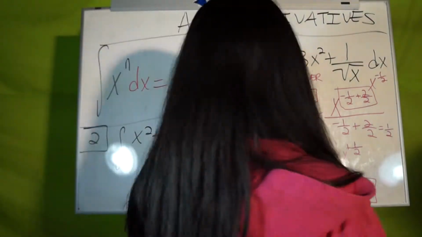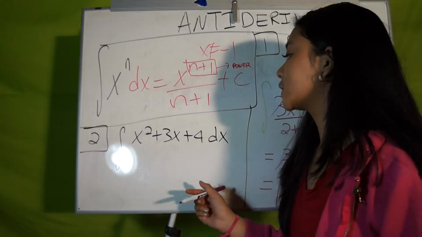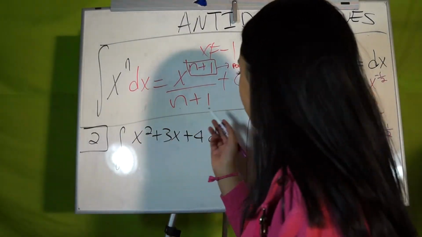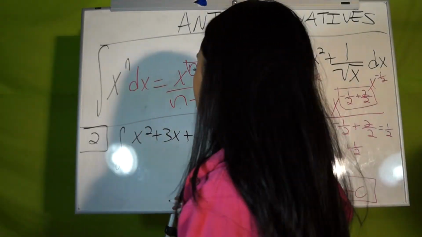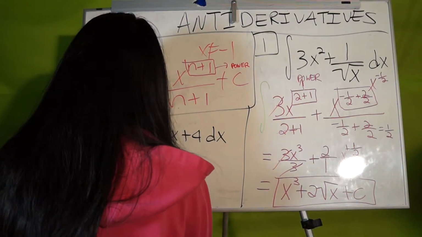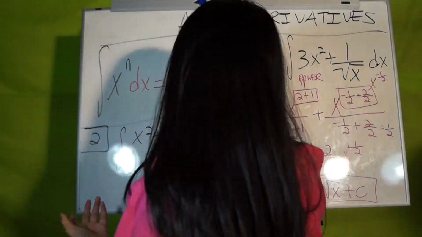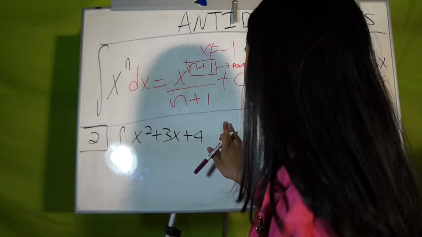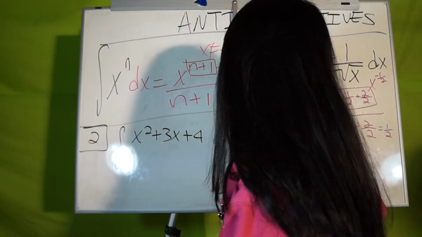And now we're going to do another one, which is simple, it's a polynomial. So we're going to have the integral of x, I'm just going to start off from here, because I am not going to write it again.